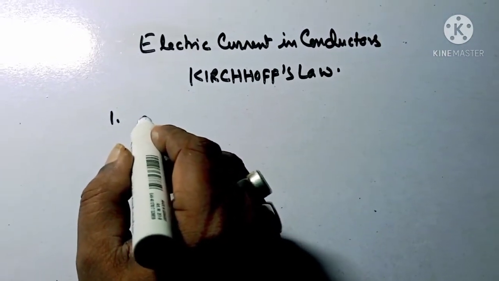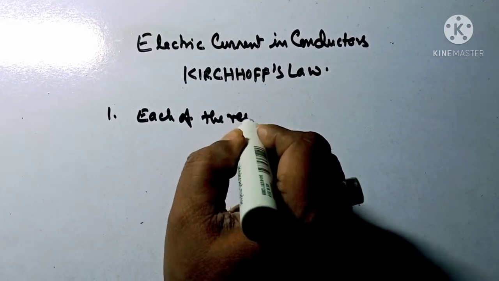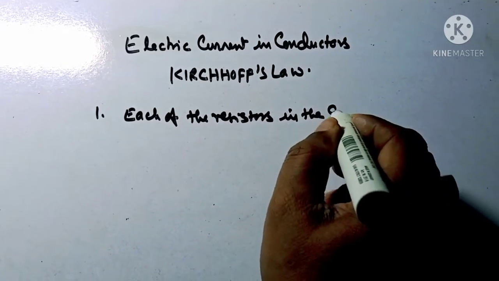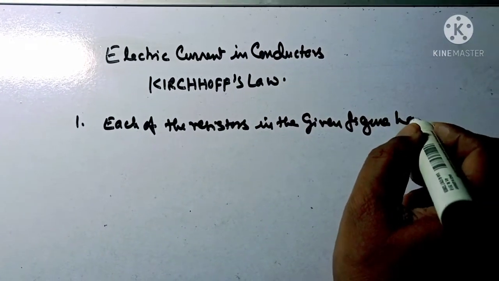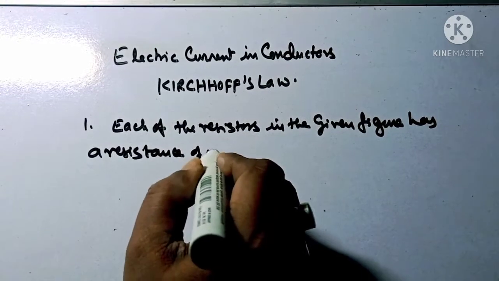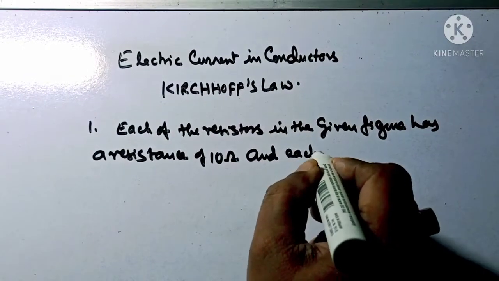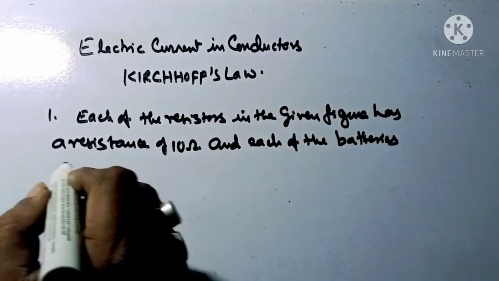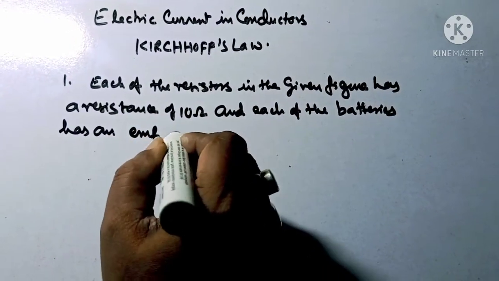Each of the resistors in the given figure has a resistance of 10 ohm, and each of the batteries has an EMF of 10 volt.